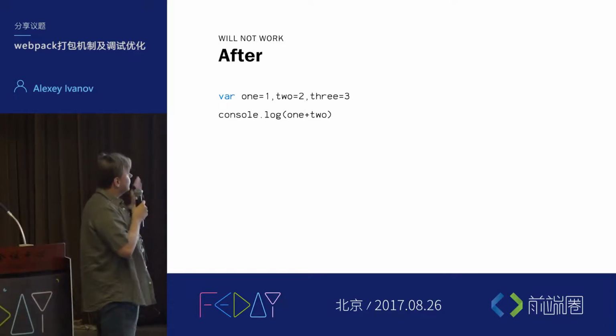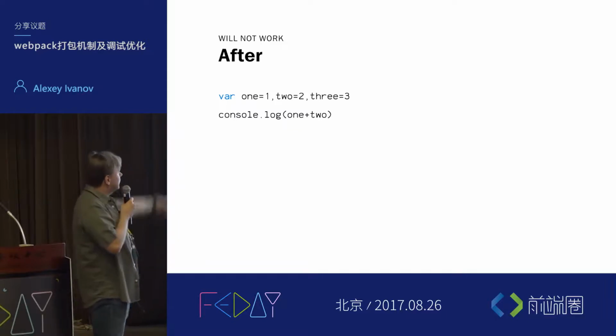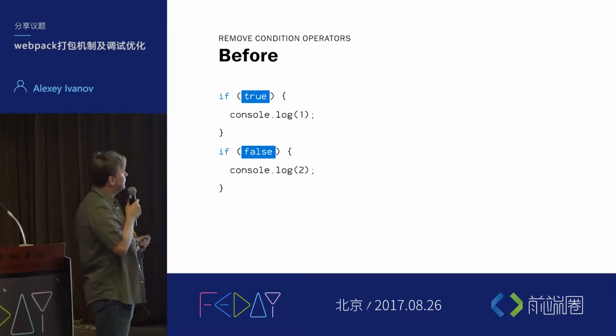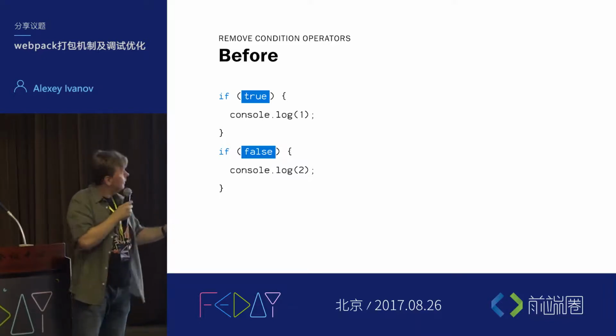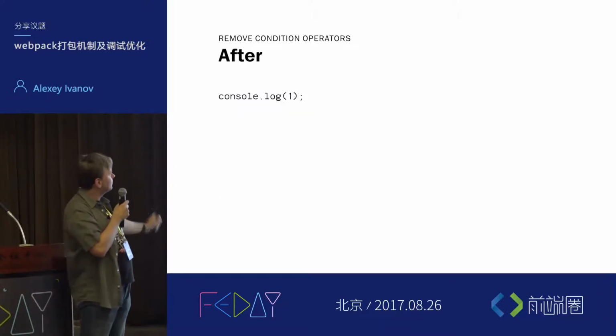Okay, but back to our if expressions. As I said before, we have true and false, and if you show this code to UglifyJS, it can remove all the unused code. So if something is true, we always execute it, and if something is false, we always remove it.